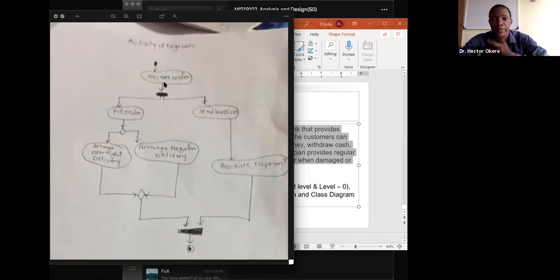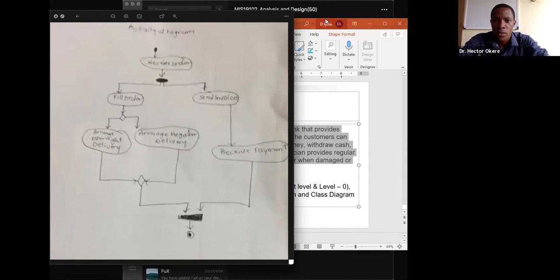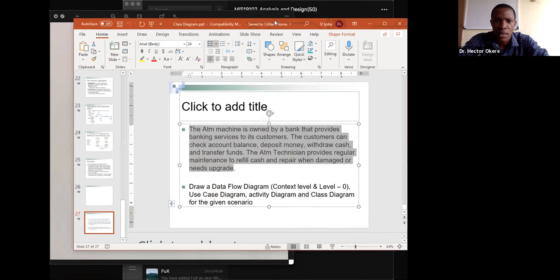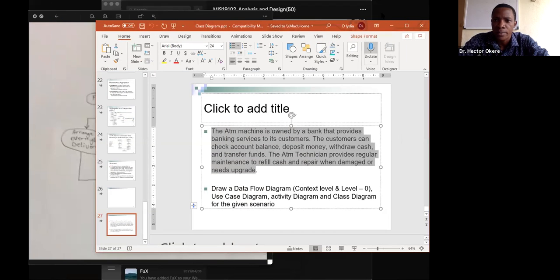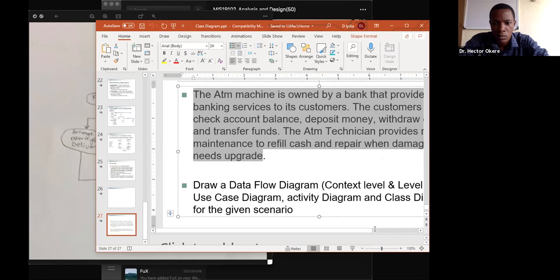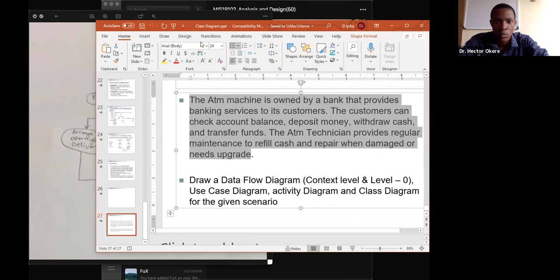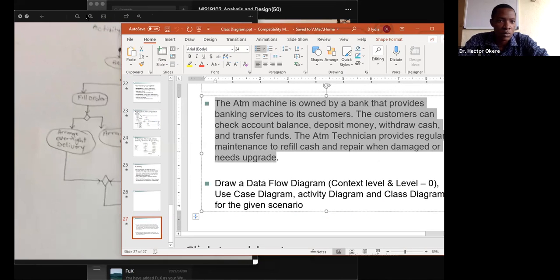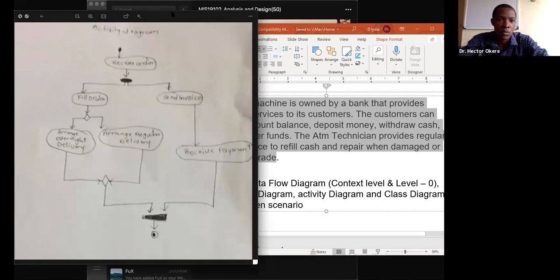Activity diagram. So I was wondering, how did we get from here to here?